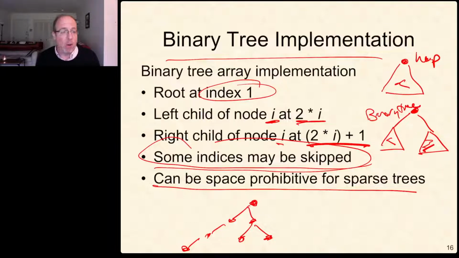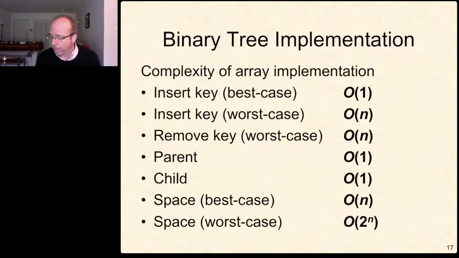There are lots of holes in this tree versus what we would see in a complete tree. But for completeness, we'll talk about what the expense is. The best case that we inserted a key, we happen to pick the right place to start with. But the worst case, we have to check every possible location of all of the leaves. There are approximately n over 2 leaves, so that's approximately linear.